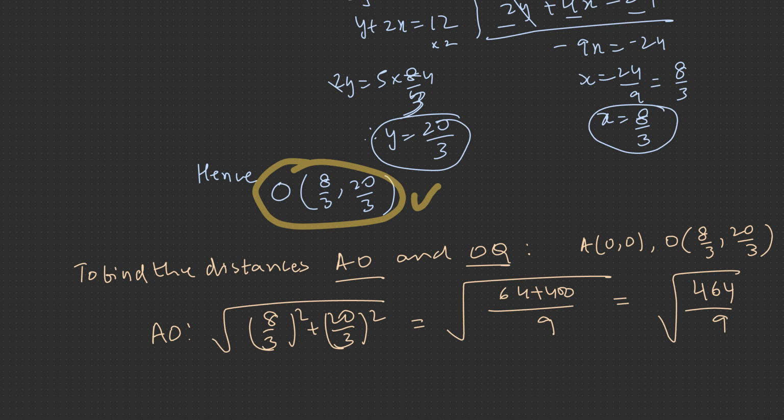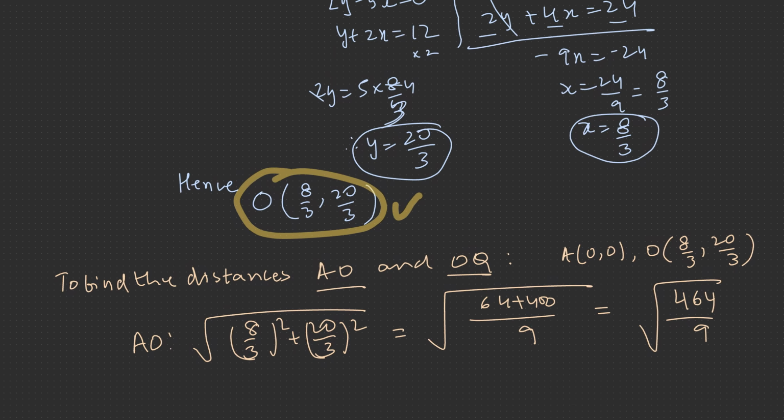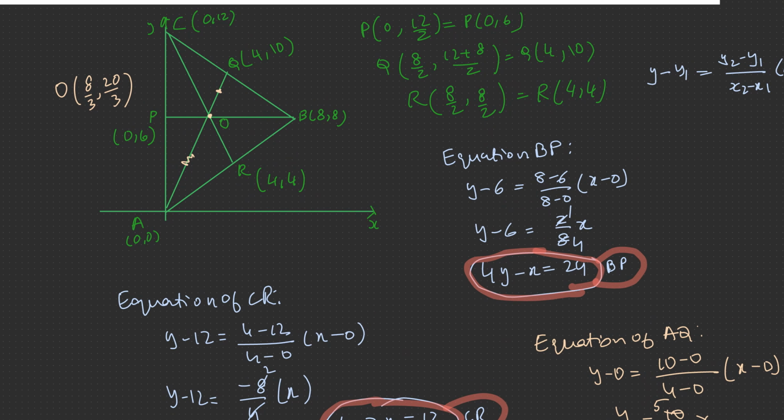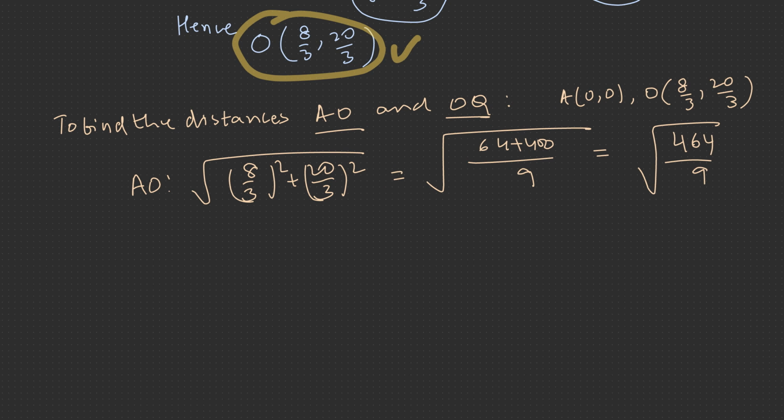Okay, and then we need to find OQ. So what is Q? Q is 4, 10. And O we know.